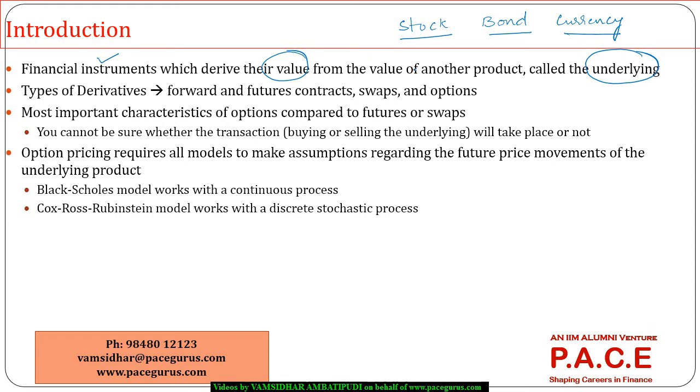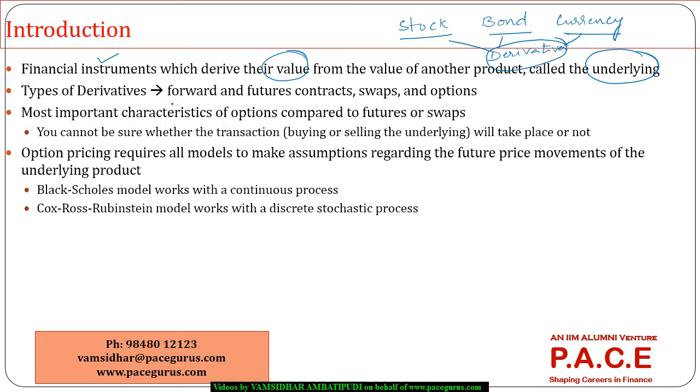And when I say derivative, it's another instrument whose value is typically derived from the value of the underlyings. So a derivative is not an independent product; its value is derived from the value of another existing product.